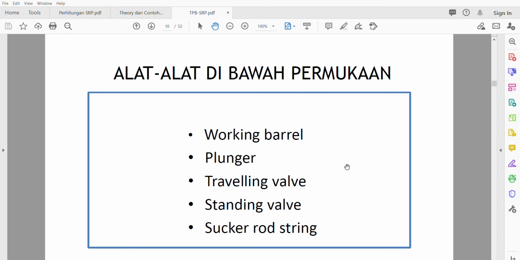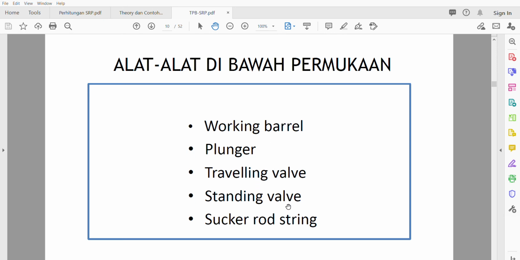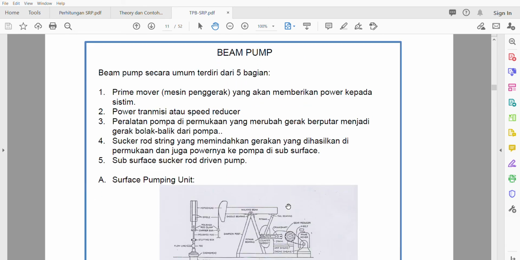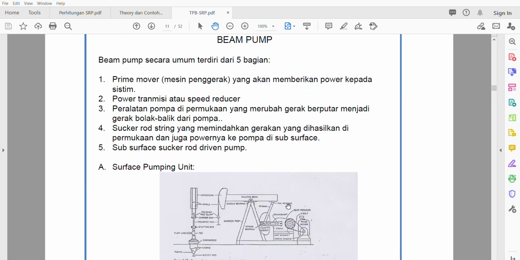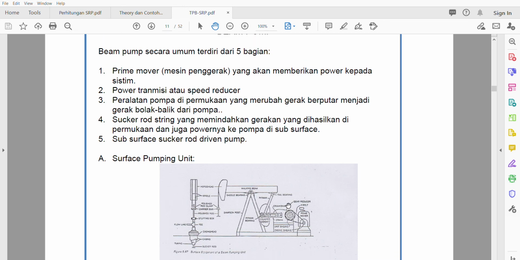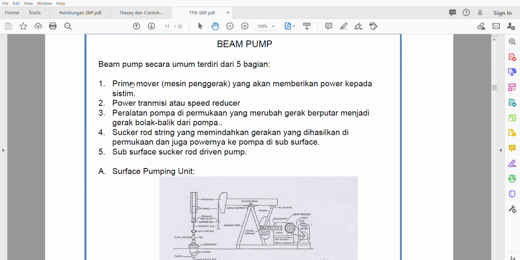On the bottom you have a working barrel, a plunger, a traveling valve, a standing valve, and the sucker rod string. So again, to repeat: there are five parts. A prime mover, an engine, which causes the moving of the surface facility, not the pump itself.